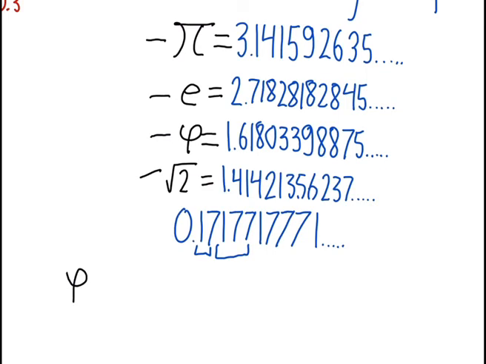Phi represents when two numbers are in this ratio: A divided by B is equal to A plus B divided by A. So, this only happens when A and B are not integers. Therefore, it's still an irrational number. If A and B were both integers, then phi as the golden ratio would be a rational number. But because they're not integers, phi is still an irrational number to describe a ratio.